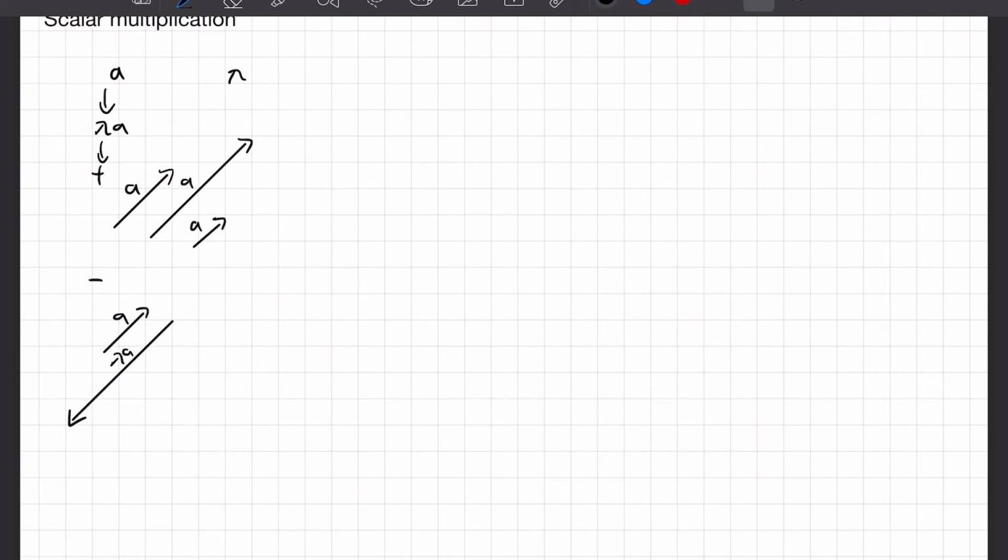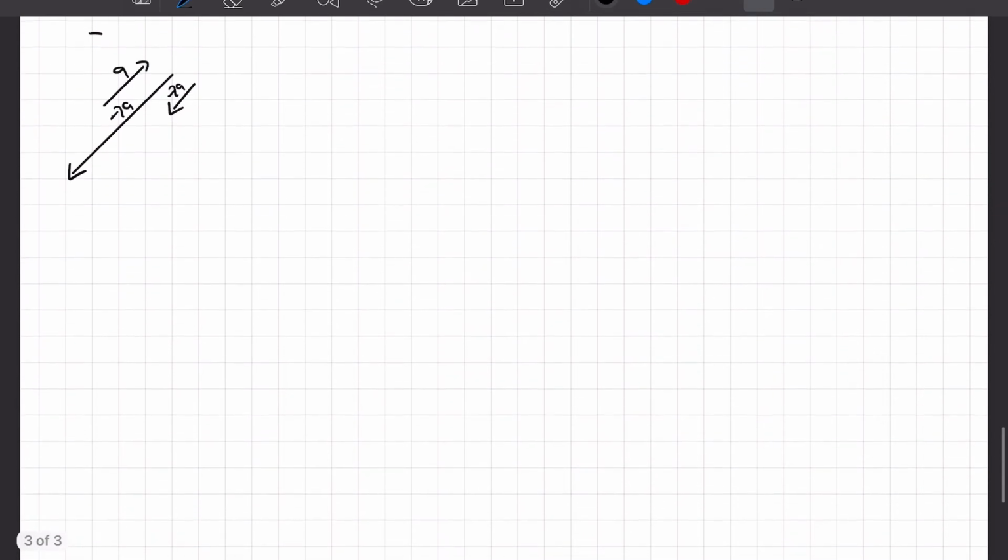But if lambda is between 0 and -1, then A will go in the opposite direction, but with a smaller magnitude, like this. So in general, we can write lambda A as this. Or if you use a column vector form, then it equals this.